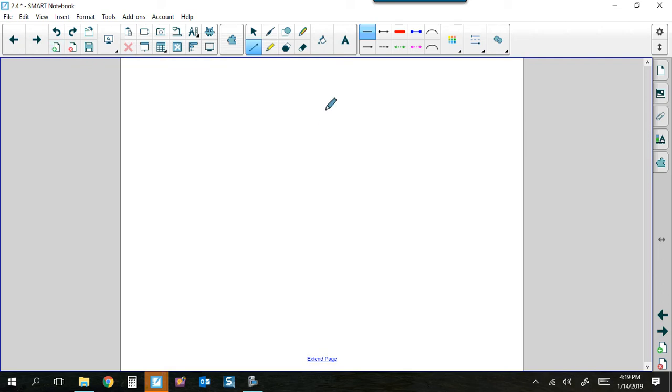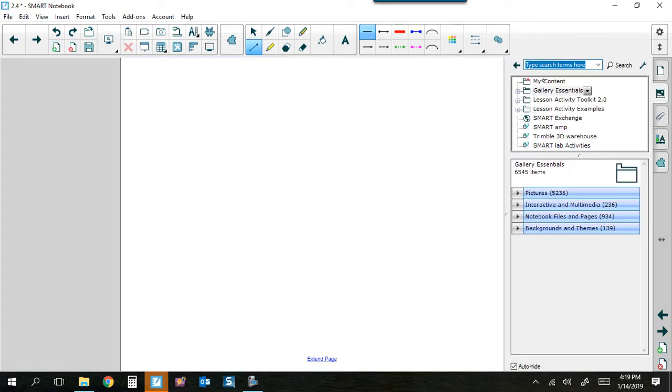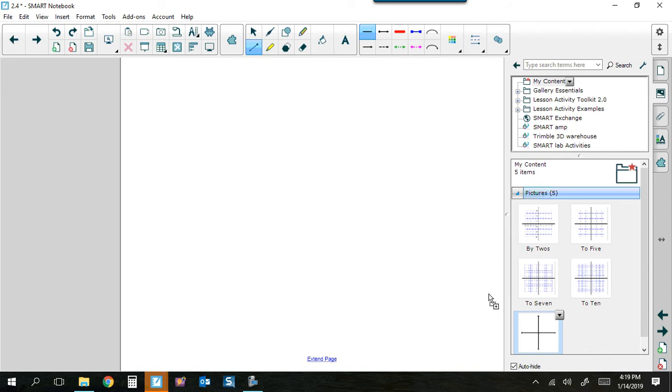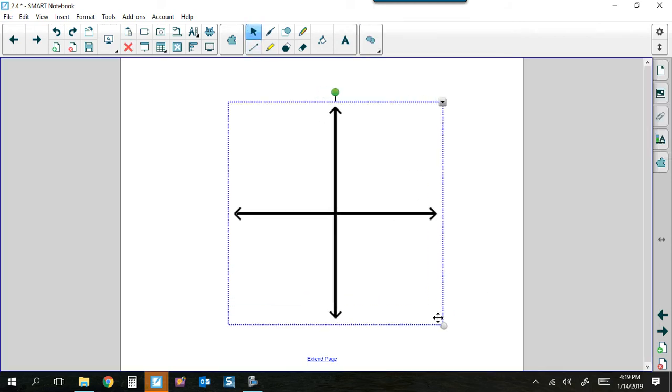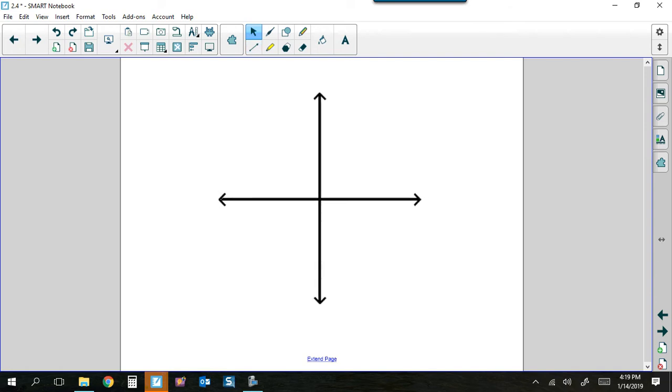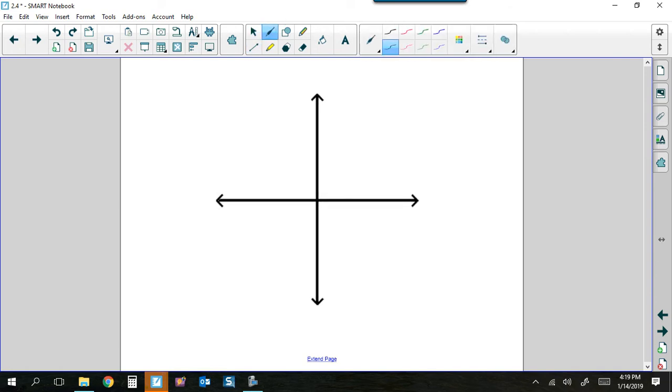So to remember your rules, you guys have some room off to the left on your notes. I would maybe draw yourself a little coordinate plane. It doesn't have to be anything totally fancy. You know that this is quadrant 1 and then from here it goes counterclockwise to 2, 3, and 4.